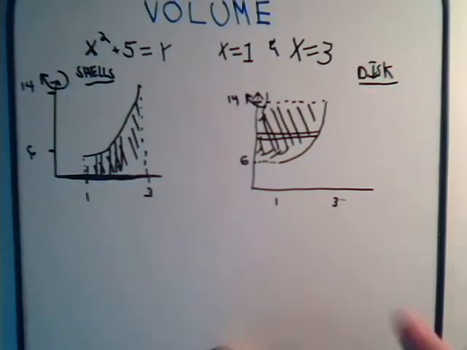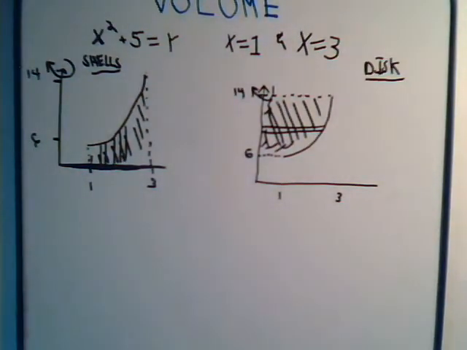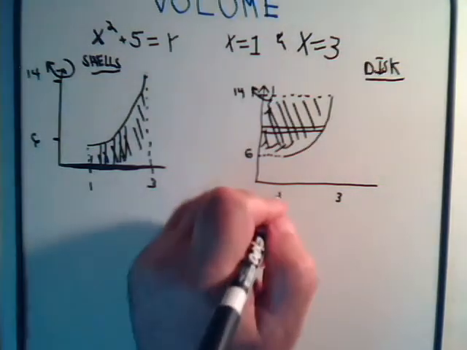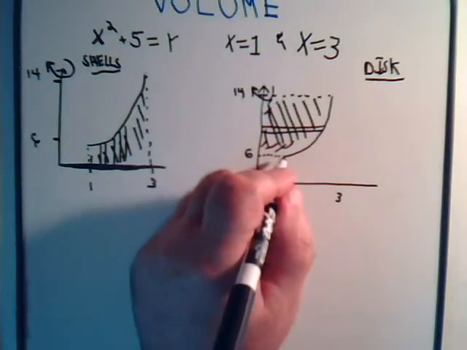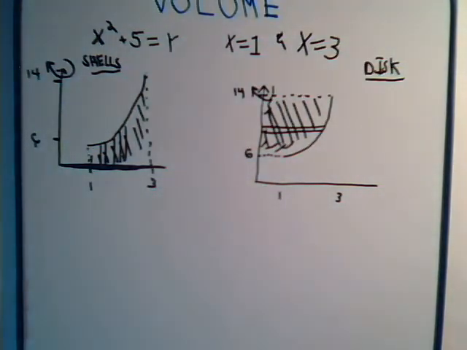Clean this up just a little bit. So now we're going to be using disks. So now the volume integral is, and again, we explained all this in our introductory videos. Hope you've had a chance to look at them.